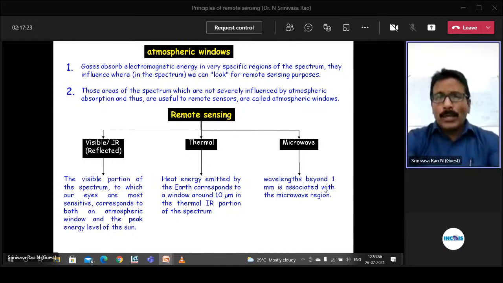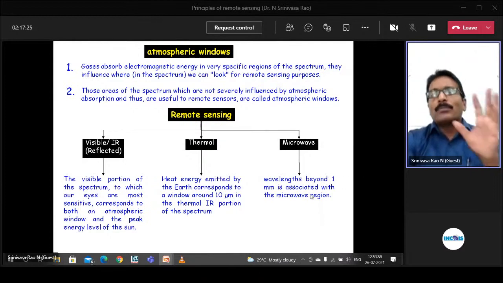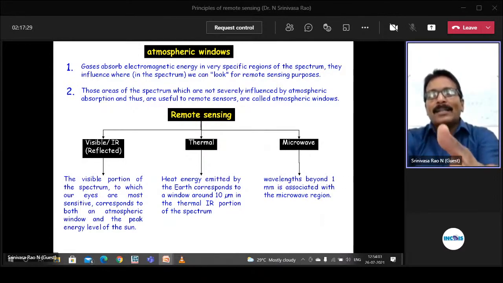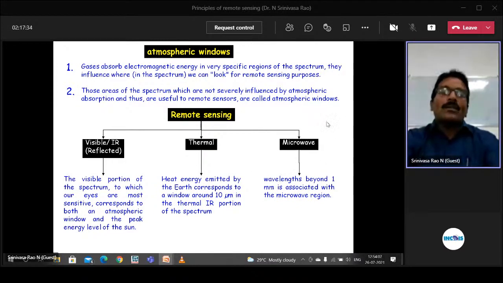If you want to measure the exact target information without any atmospheric influence, people are opting for microwave. But in every case, advantages are there, disadvantages are there. What are the advantages of visible remote sensing and infrared remote sensing, reflected remote sensing?